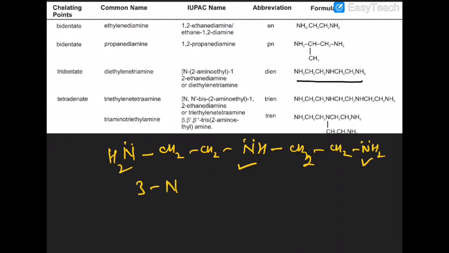So 3 nitrogens will give electrons. If 3 nitrogens give you electrons, it is a tridentate ligand.